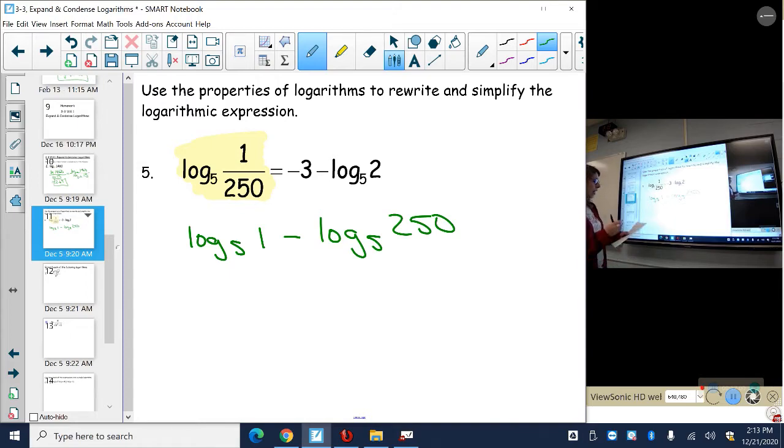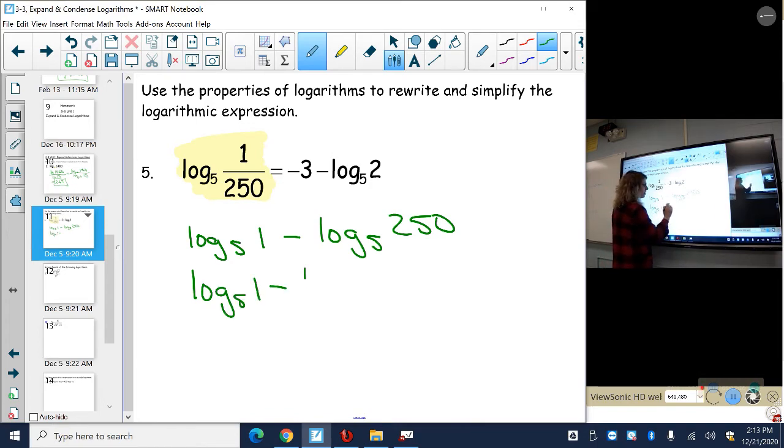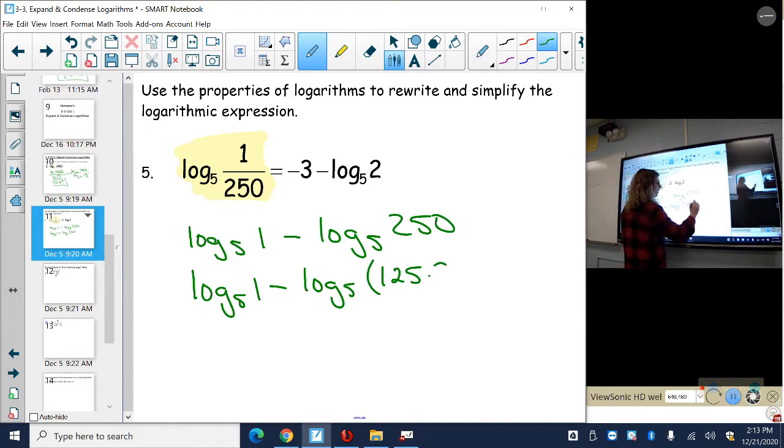Okay? Now, what is something you could do here? Log base 5 of 1 minus, this is going to be log base 5 of 125 times 2.